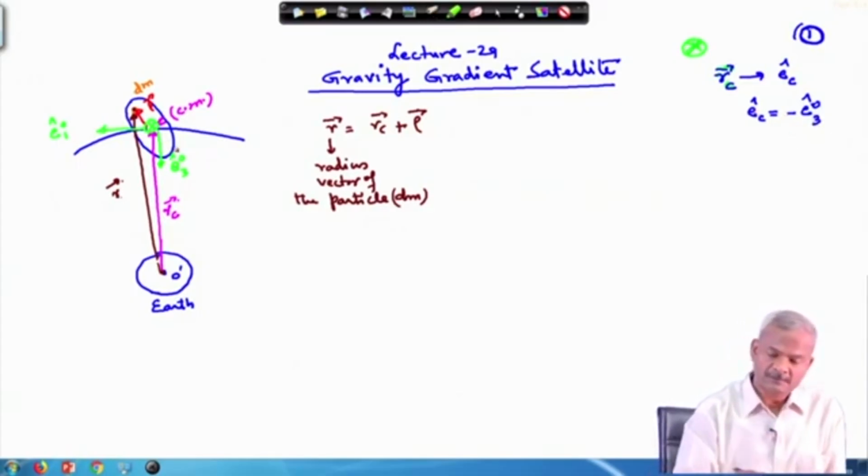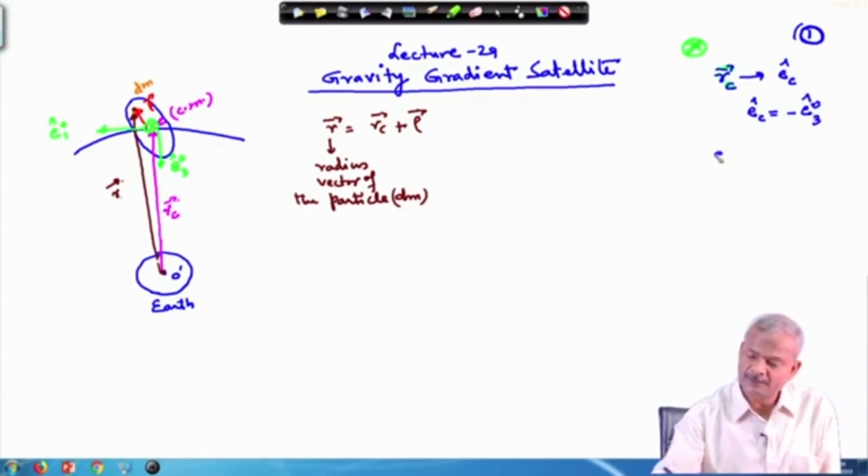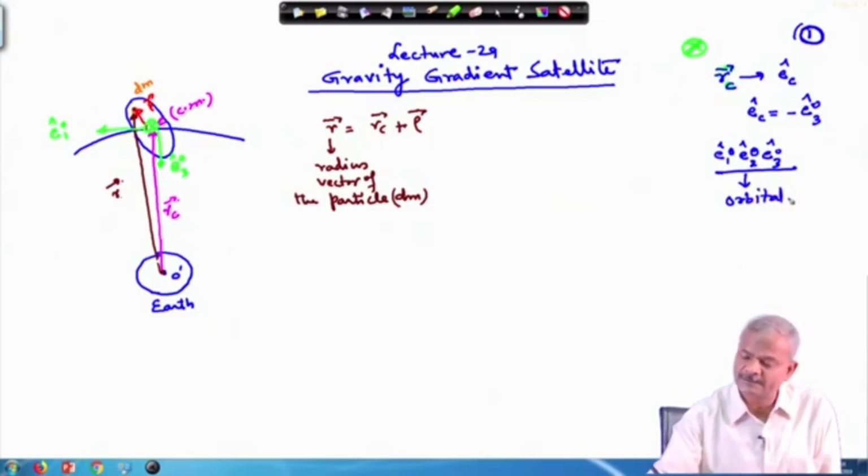This is the system E 1 cap, E 2 cap and E 3 cap, these are zeros, small zeros shown here. This stands for the orbital reference frame, which we have discussed in the previous lecture.